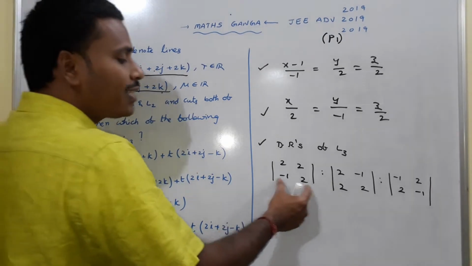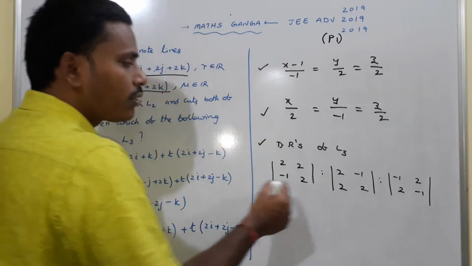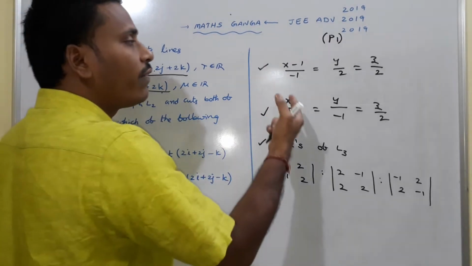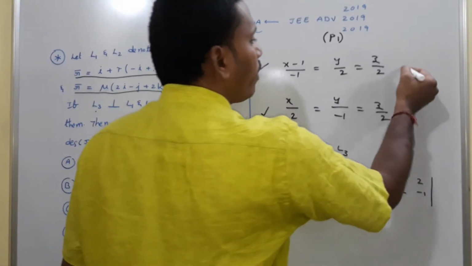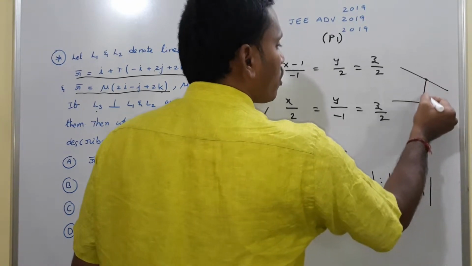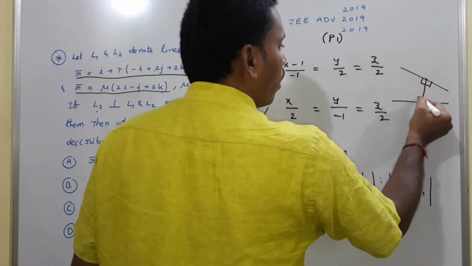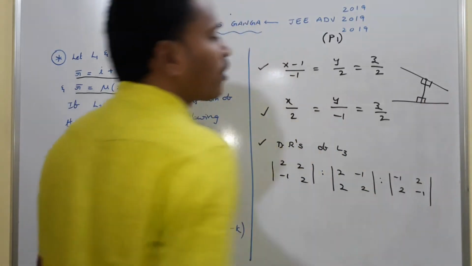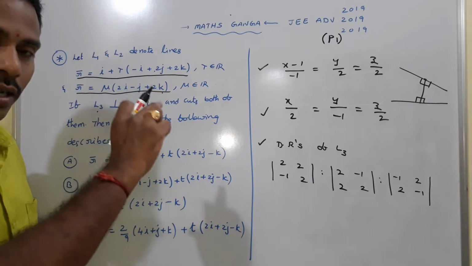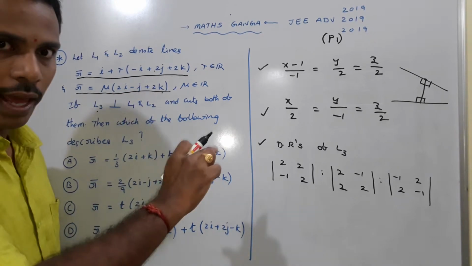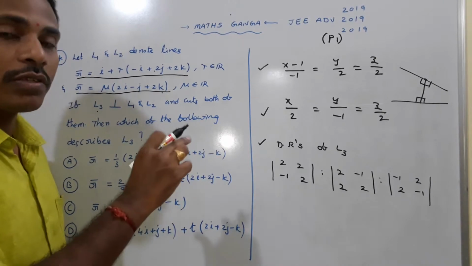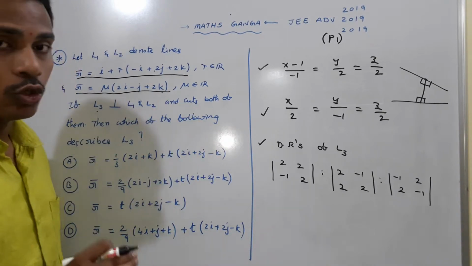This ratio gives us the DRs of a line which is perpendicular to the given two lines. Basically these two lines are skew lines. So there is a shortest distance between those skew lines, and the line along the shortest distance represents the line which is perpendicular to those two lines.